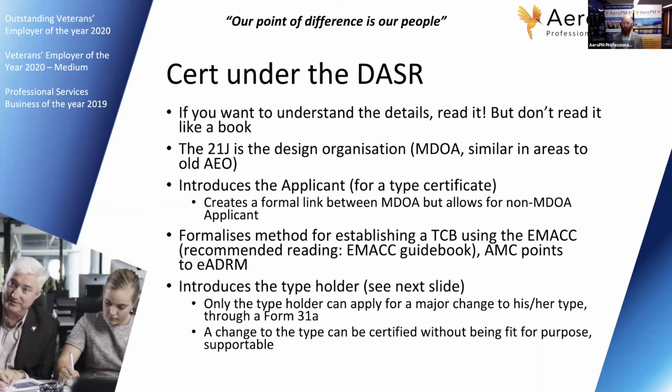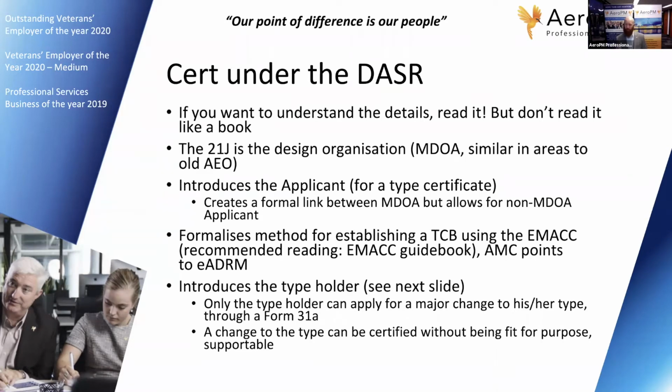All right, so some of the key differences I've noted there in those last 2 points. Establishing a TCB or a CCL, or a CBD, as it used to be called, establishing that for a change, there is now a prescribed way to do it, where it used to be reasonably free form. There's a book called the EMAC.